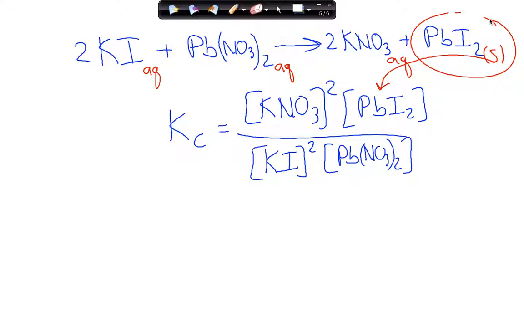And understand that lead-2 iodide does not have a molarity of 0. It is incapable of having a molarity. That means it does not go in the equilibrium expression. You just get rid of them.